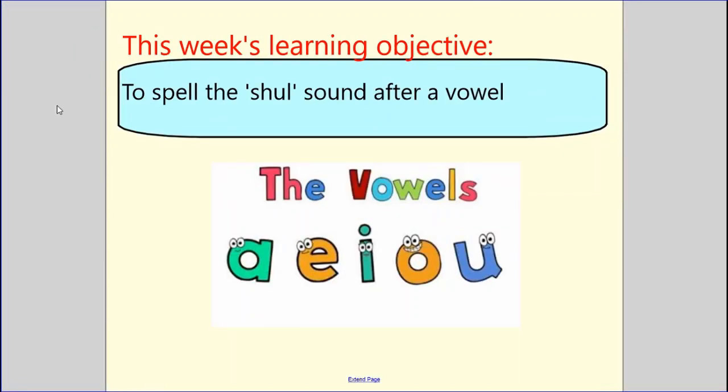Okay, this week's learning objective then is to spell the shul sound after a vowel. Now, last week you focused all on spelling the shul sound after a, do you remember what it was? Yes, a consonant with Mrs. Green. But just a quick recap, the vowels are A, E, I, O, U, and then all the other letters in the alphabet are consonants.